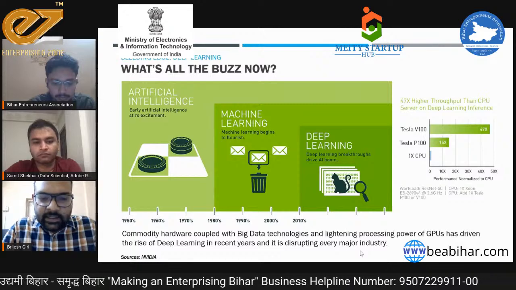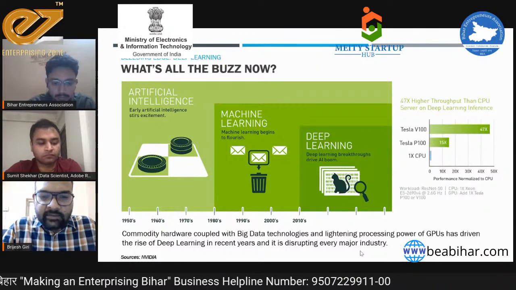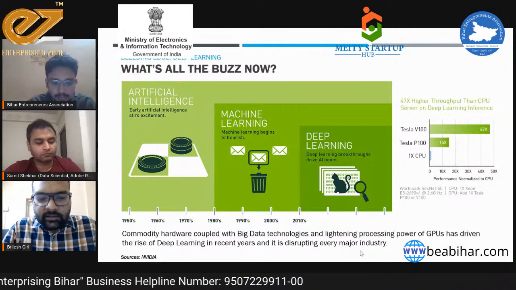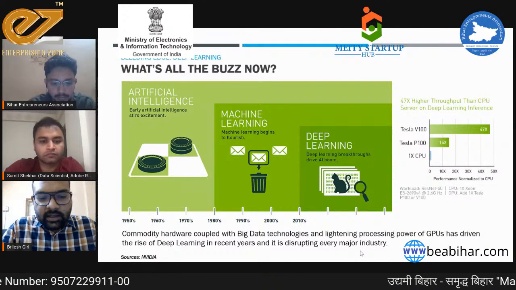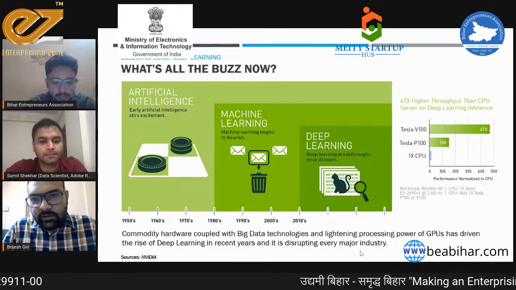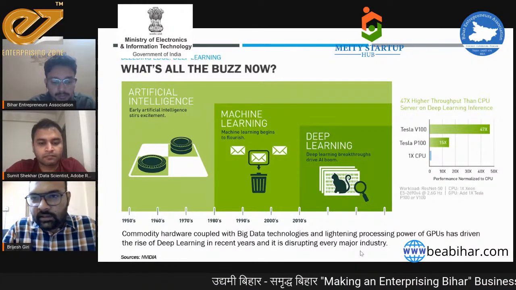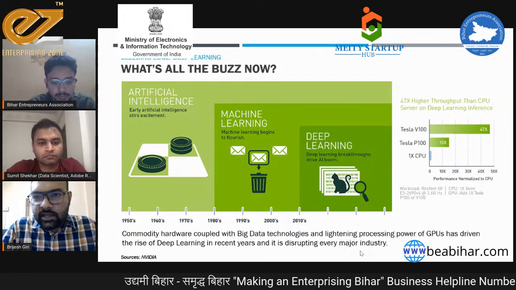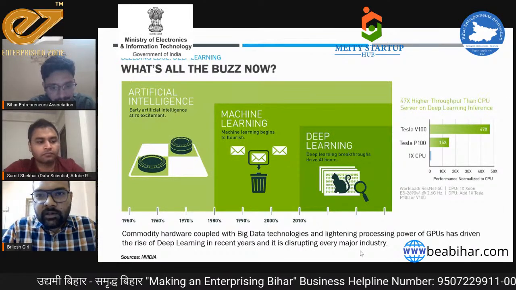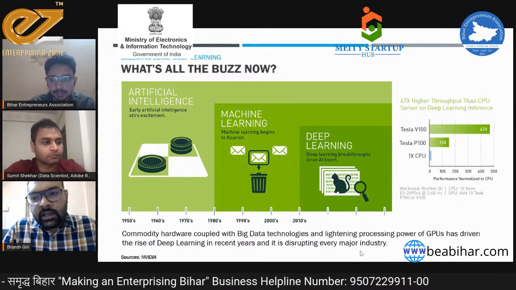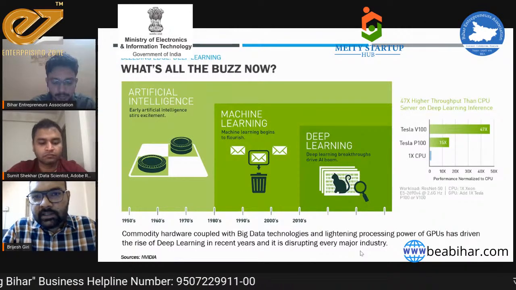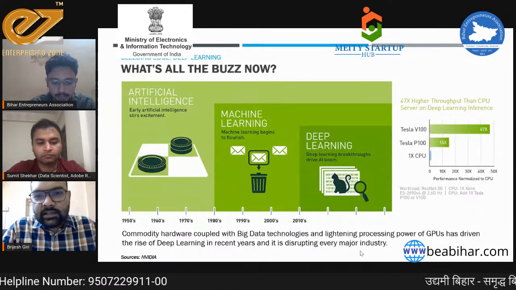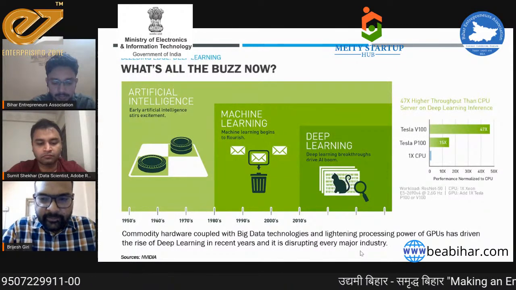And this has enabled the rising field of deep learning, which is now disrupting every major industry. If you talk about computer vision, natural language processing, or neural networks, every application of these in any major industry is now being disrupted.